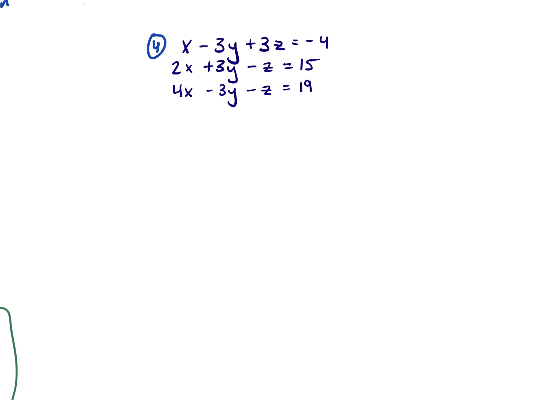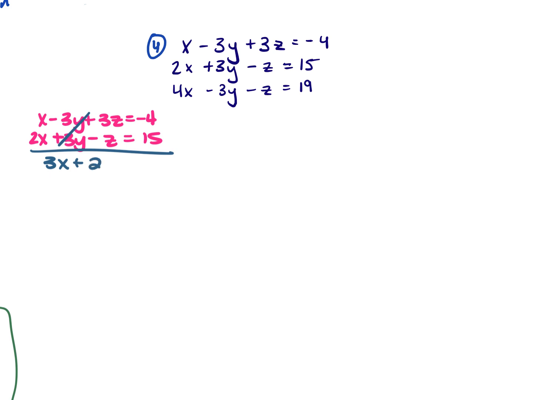So we have x minus 3y plus 3z is equal to negative 4. And 2x plus 3y minus z is equal to 15. Our y's are going to cancel and leave us with 3x plus 2z is equal to 11.